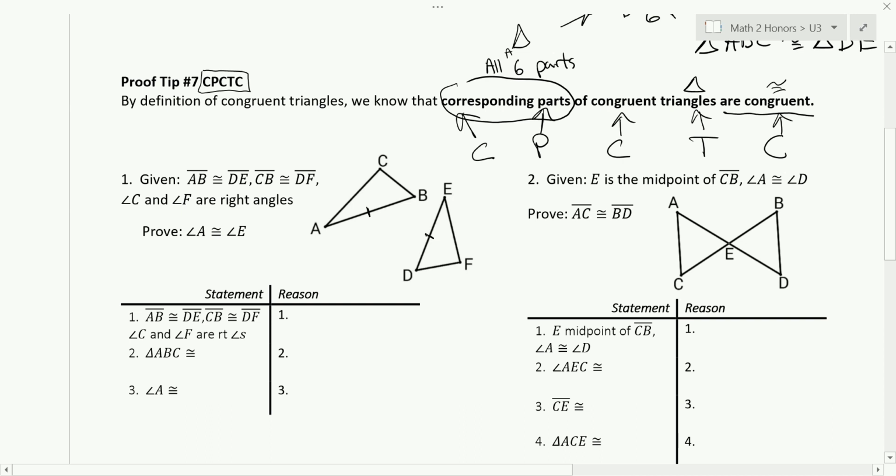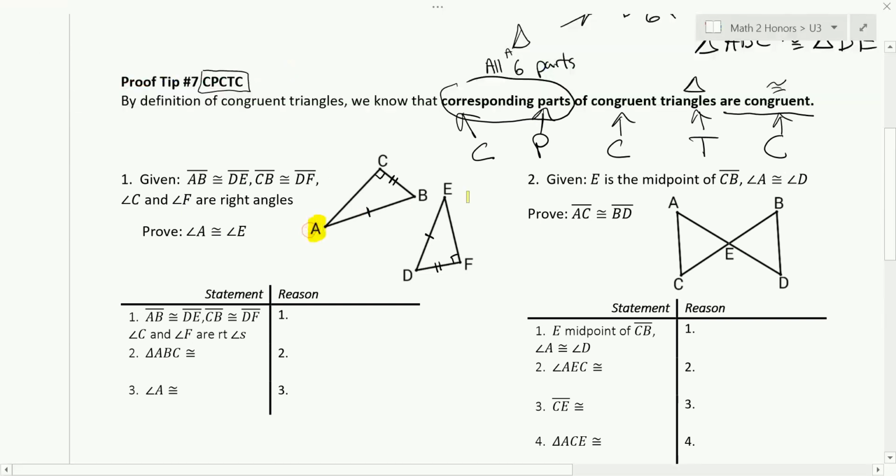And we have that CB is congruent to DF. And we have that C is a right angle, and that F is a right angle. And we want to prove that angle A is congruent to angle E.